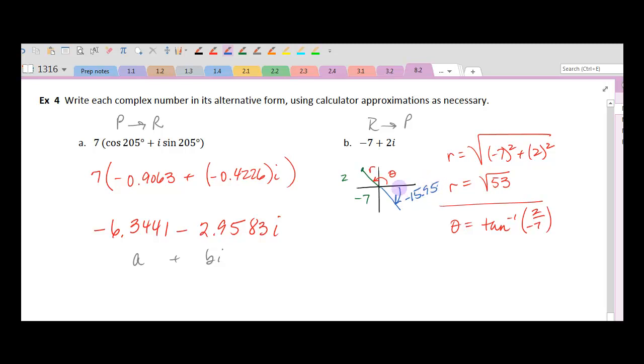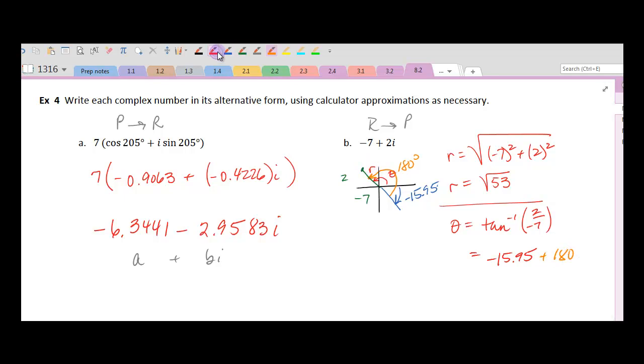So it gave me this value here, yet I want this value up here. That's a difference of 180 degrees. So if I were to take what my calculator gave me as negative 15.95 and add 180 degrees to it, I would be back up here, which is where I need to be.